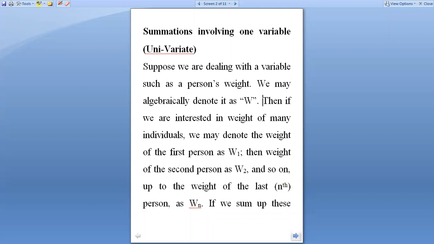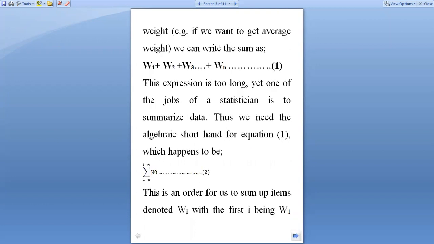So if you have collected such data about people's weights and you want to sum up to get the total weight or the average weight, you will write a mathematical expression like this one. Weight of the first person plus weight of the second person plus weight of the third person plus weight of all the people in between until you reach the weight of the last person, which we represent as the weight of the nth person.